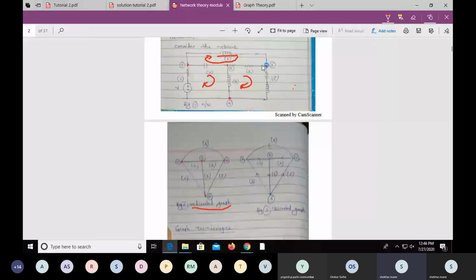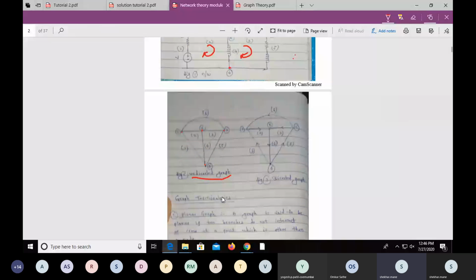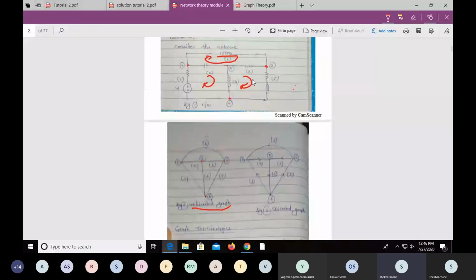Between node 2 and 3, line number 3 is there. Between 1 and 3, line number 6 is there. And between node 3 and node 4, line number 5 is there. So this is an undirected graph in figure 2 that we drew based on this network, and you can show the directions.